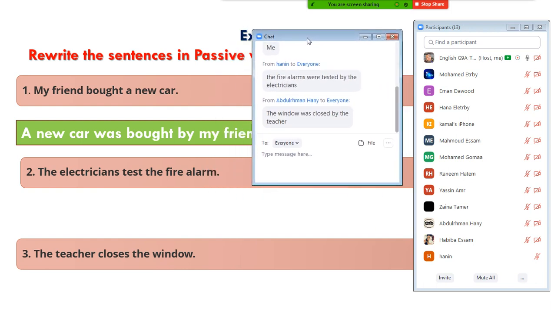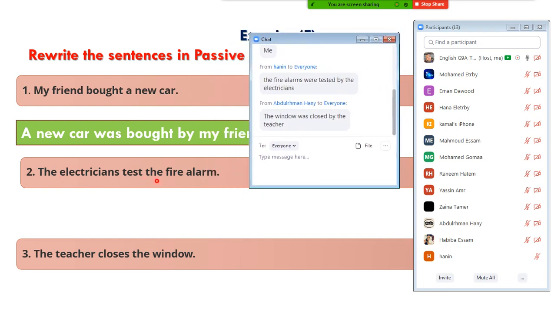Okay, the main sentence said the electricians tested the fire alarm, in the present simple. So this is Haneen's, this is present simple. So the verb to be should also be in present simple.